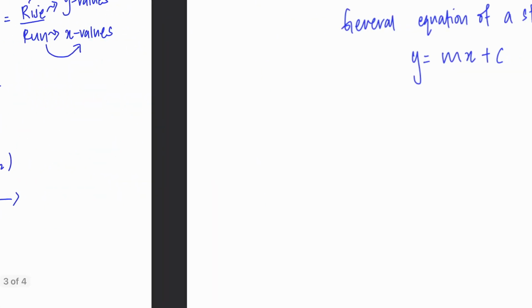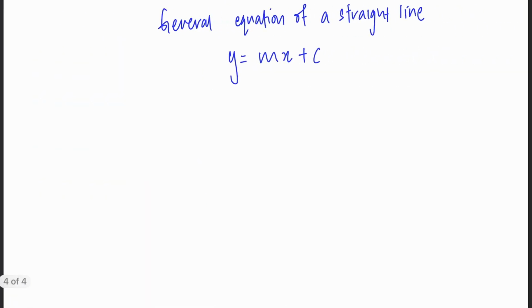Alright. And lastly, we have the general equation of a straight line, which is y equals mx plus c. So what does m represent? m represents the gradient of the line. It can be positive or it can be negative.